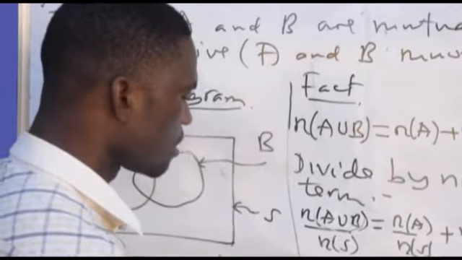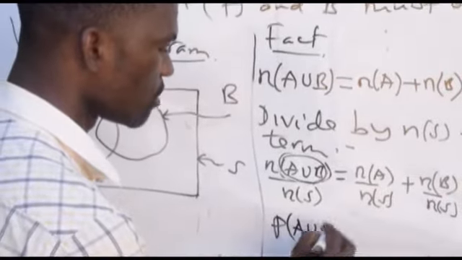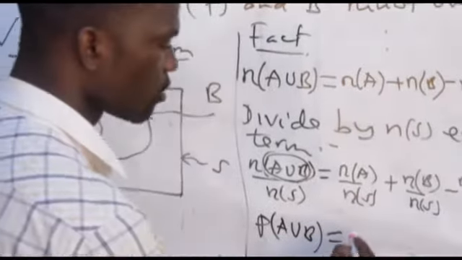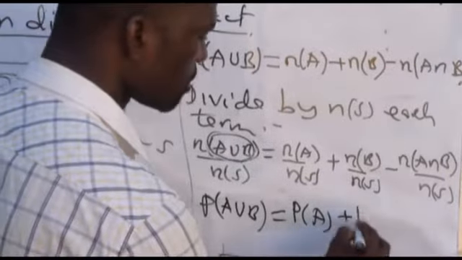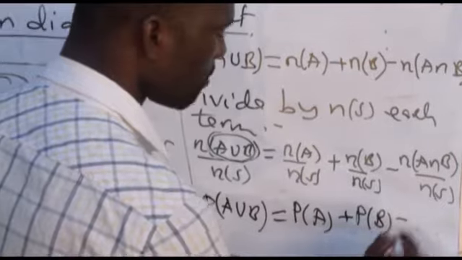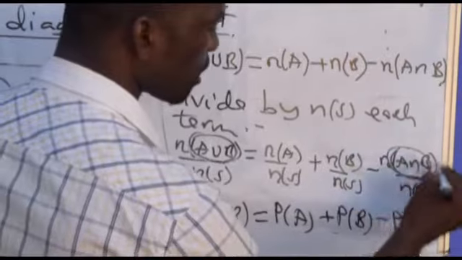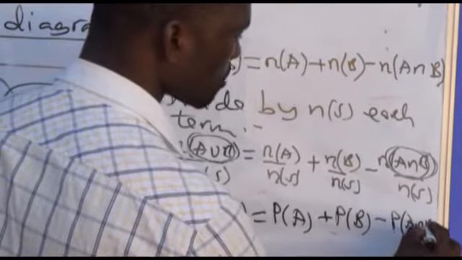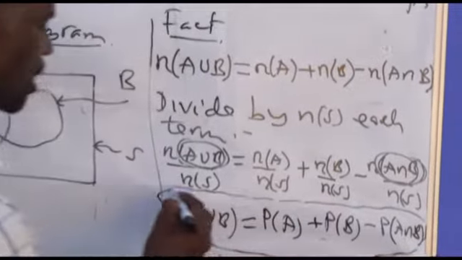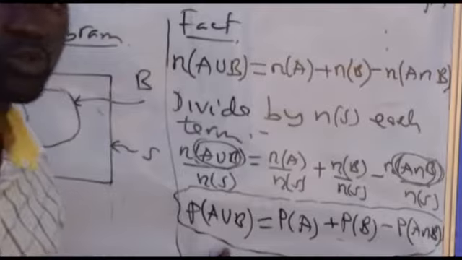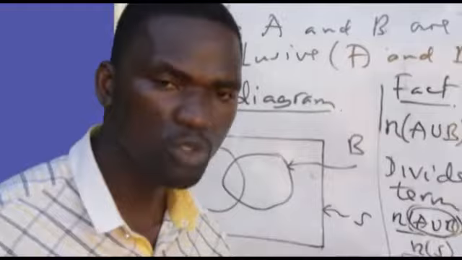So this one will be the probability of this combined event, A union B, equals the probability of event A, plus the probability of event B, minus the probability of event A intersection B. So here now we have the formula you can use to do questions concerning the probability of mutually inclusive events.